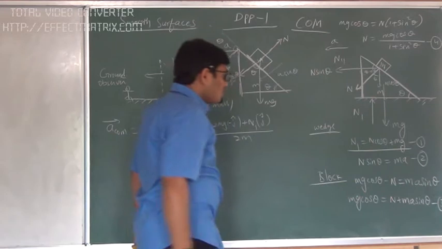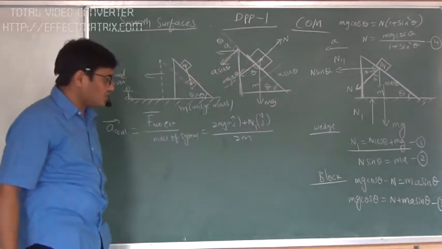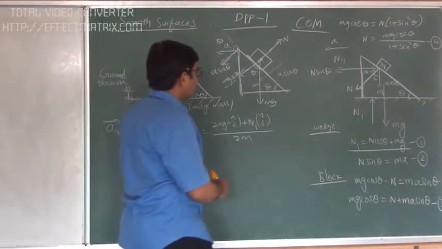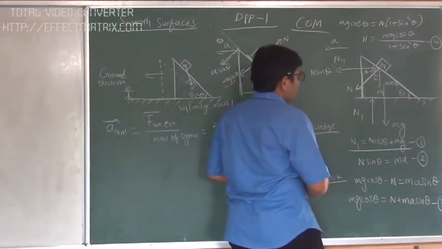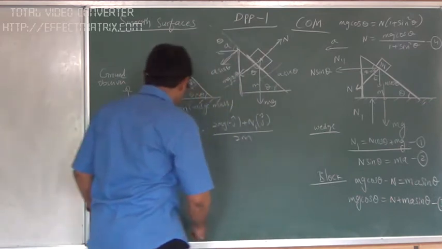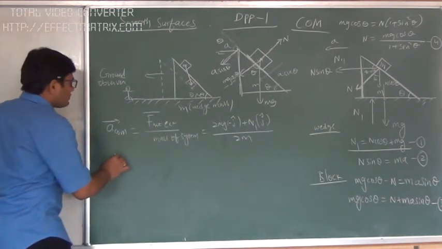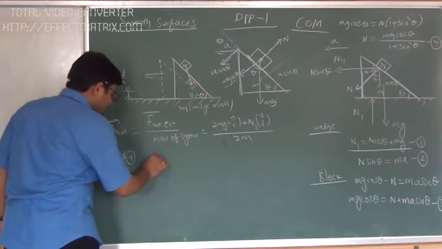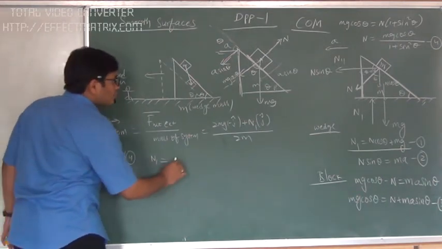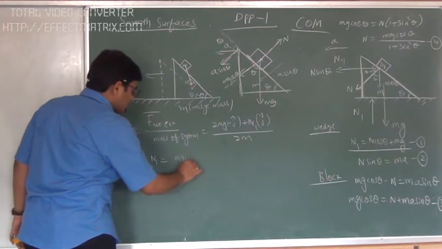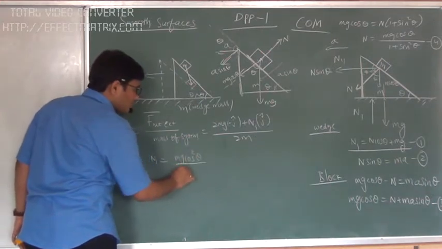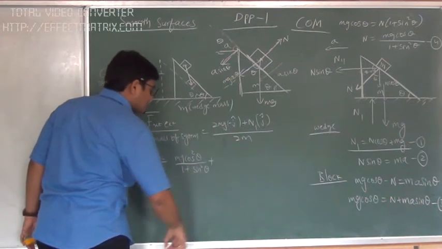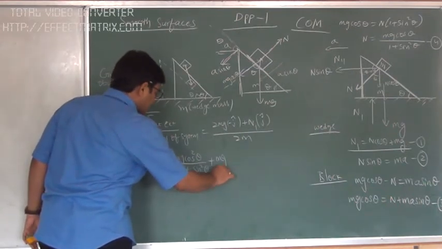From equation 1 and 4, what am I going to get? N1 is mg cos square theta upon 1 plus sin square theta plus mg.